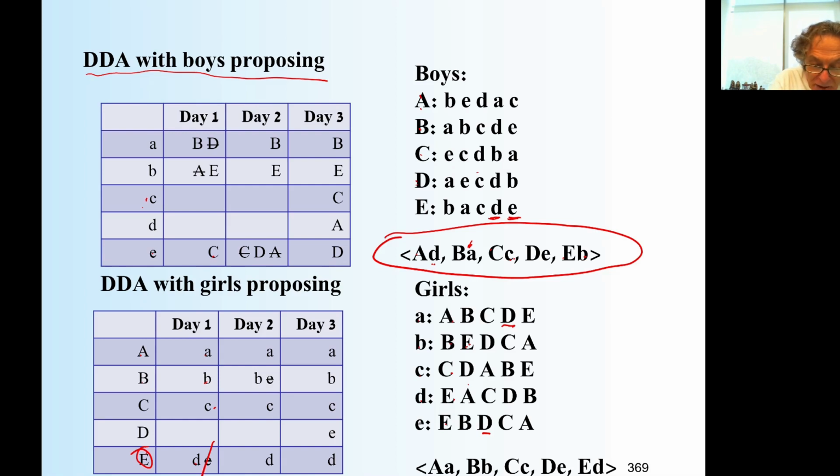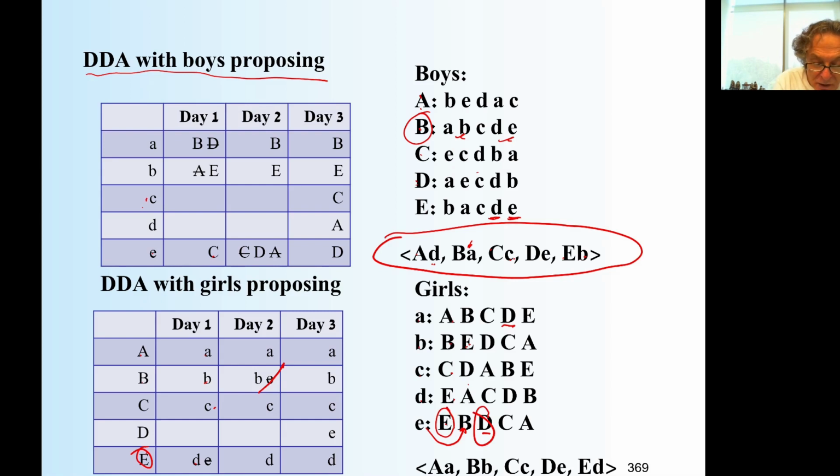So now girl E, who was rejected by boy E, goes to second on her list, B. So now B gets 2. On day number 2, A stays with A, B now got another one, E, C stays with C, and D stays with E. Now B looks at what he prefers, B or E. Obviously he rejects E and keeps B. So E has to go to the third on her list.